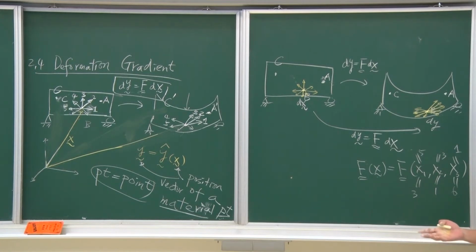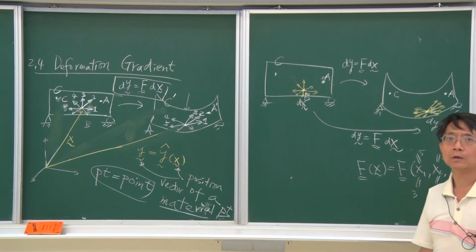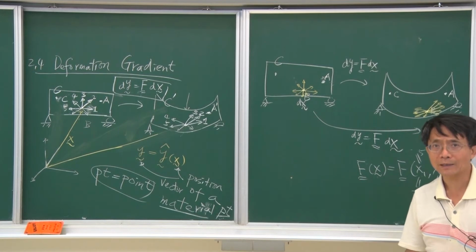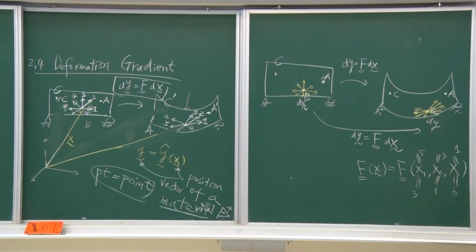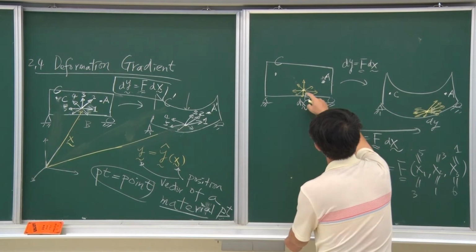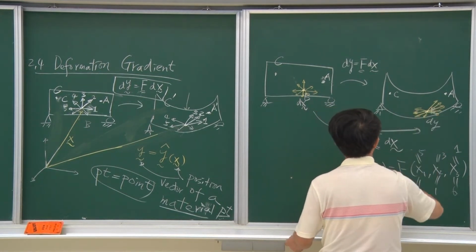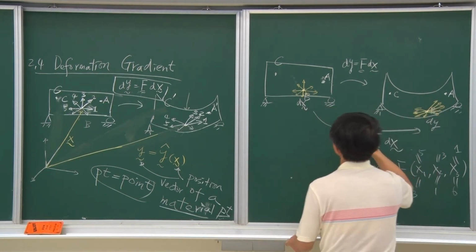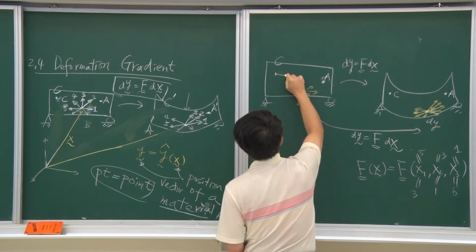Otherwise, the mechanical problem will be too easy, right? Too simple. So at different points we have different deformation gradients. So here, this material line will be sent to this material line by this relation.